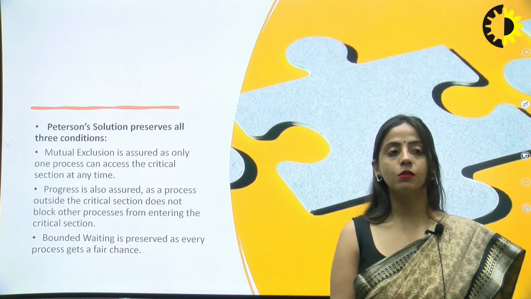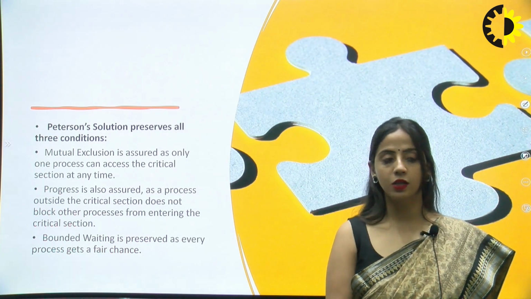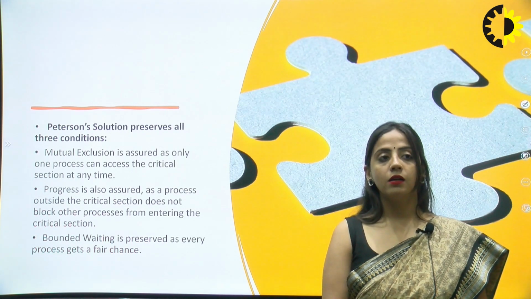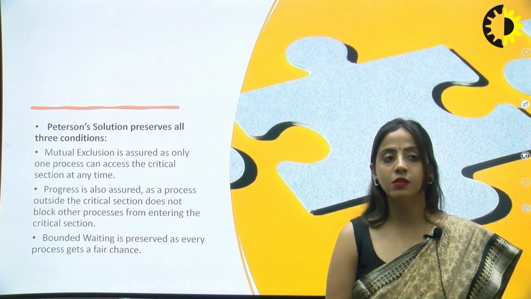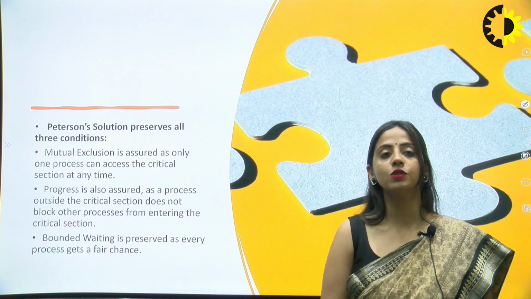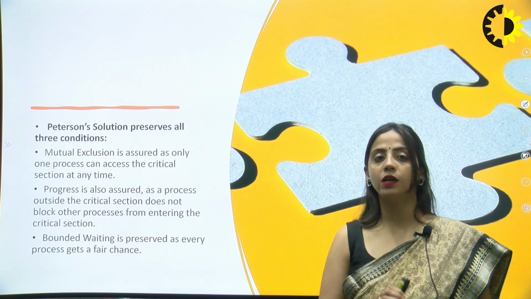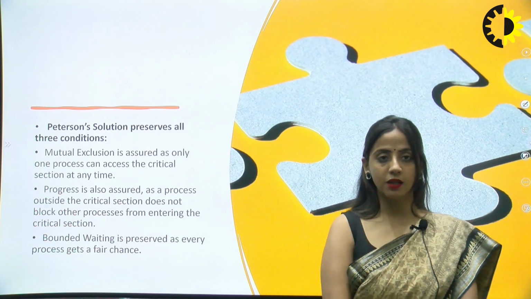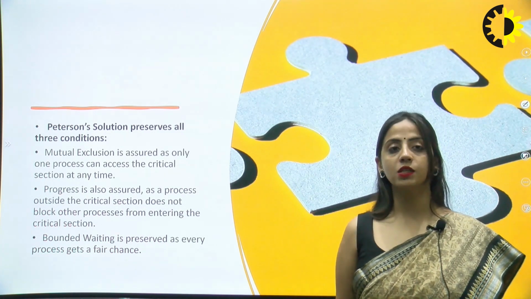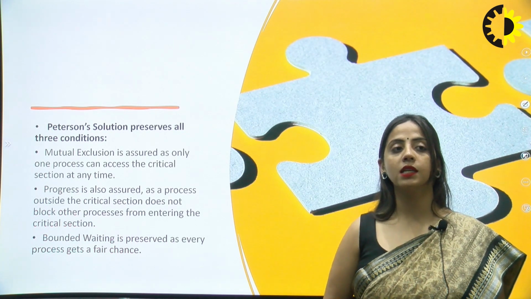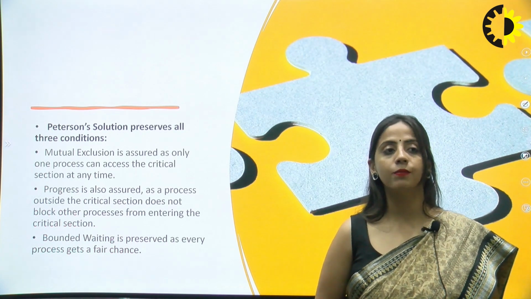Now Peterson's solution preserves all three conditions. The three conditions are mutual exclusion. What does mutual exclusion say? Mutual exclusion says that only one process can enter the critical section at a time. So mutual exclusion is assured as only one process can access the critical section at any time.